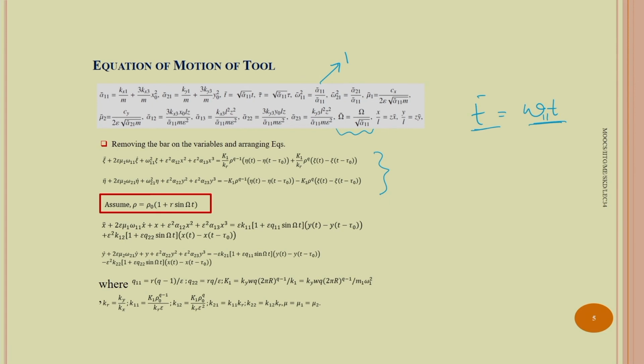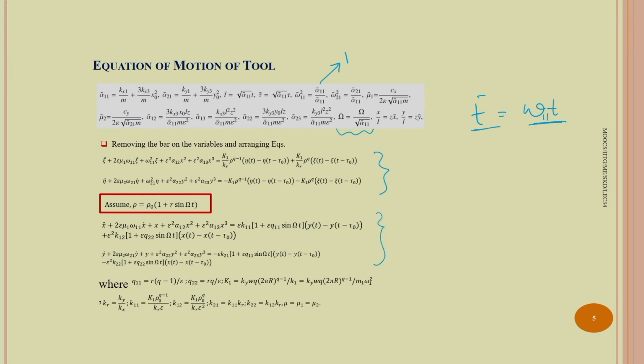So, rho can be written as rho 0 into 1 plus r sin omega t. Here you just see, we can now write this equation in this form.